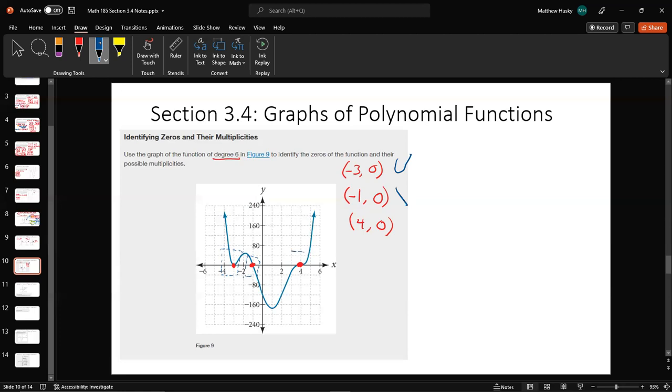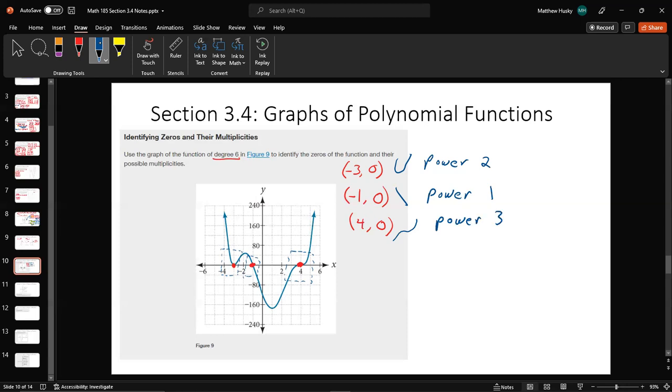And if you zero in on this one right here, this is kind of an S curve. So like we were talking about on the previous slide, this is going to be a power of 2, because this is sort of parabola-esque. It's going to be like an x squared graph. This is a line, which would be like a power of 1. This is kind of an S curve, which would be a power of 3.